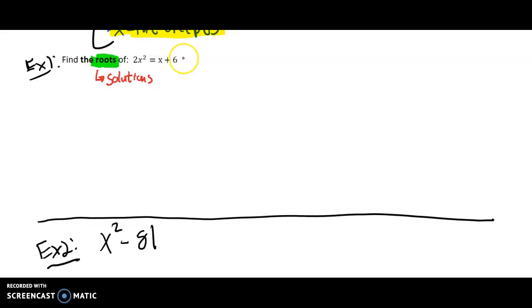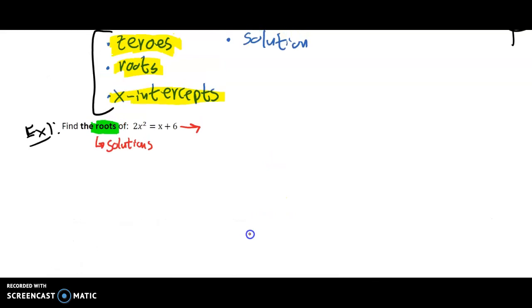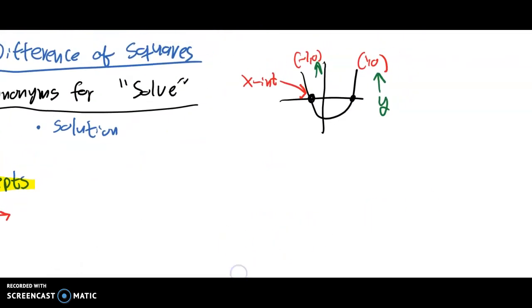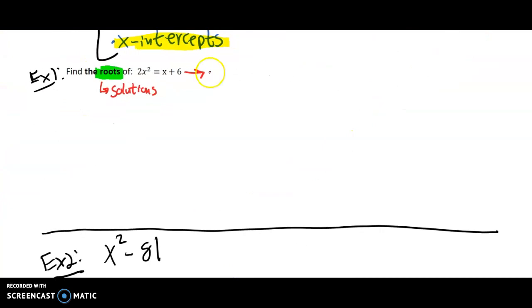Now, in order to find a solution, everything must equal 0 first. That's where this y equaling 0 here comes into play. So we're going to write that out. Everything must equal 0 first.